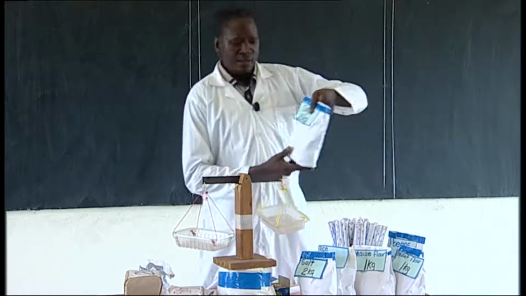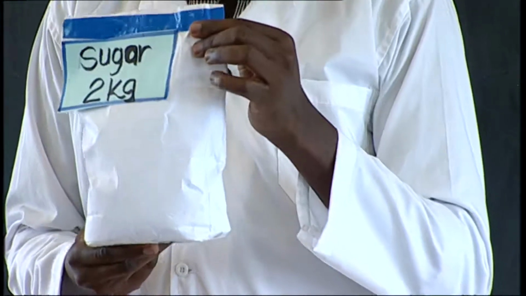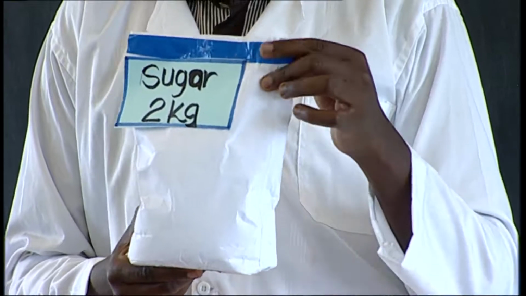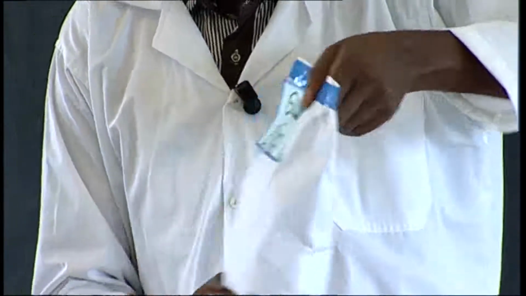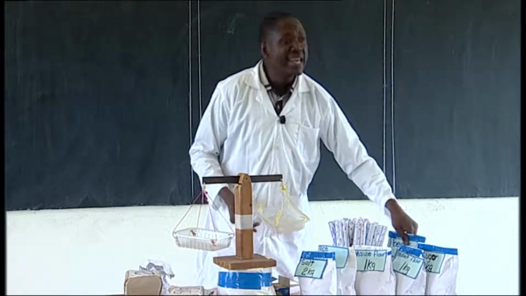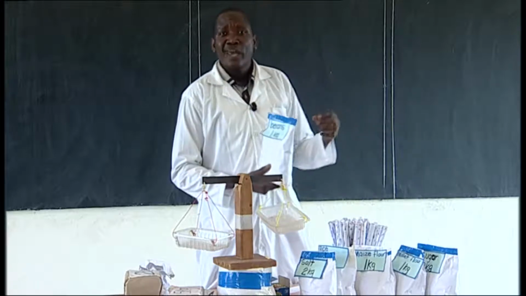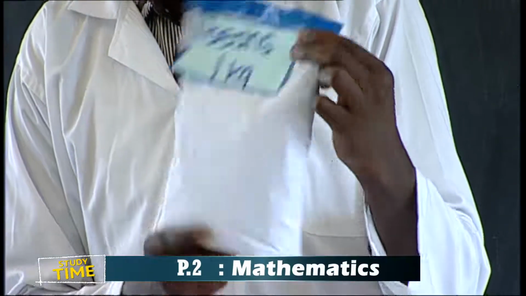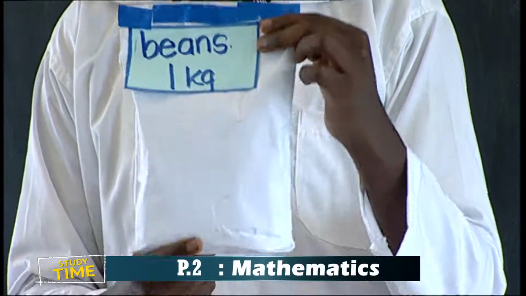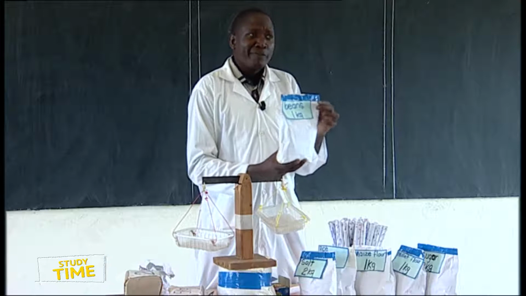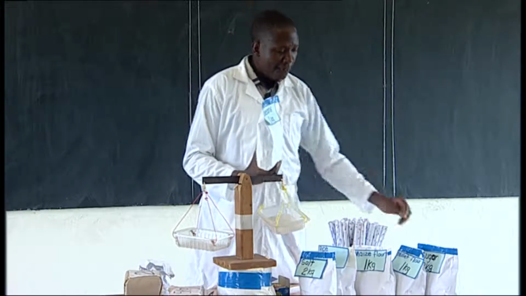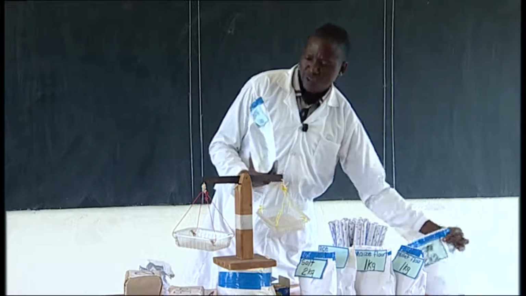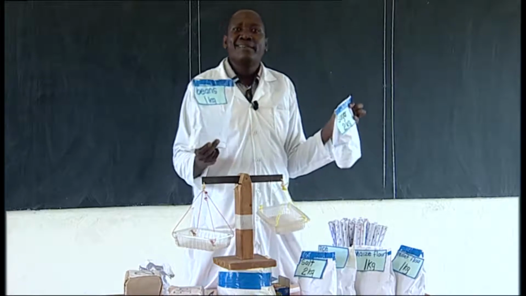Then there is sugar. Sugar we measure in kilograms. And we also have beans. All of us enjoy beans, and we like beans so much. So beans we measure in kilograms. Now, if I pick sugar, this is sugar, and this is beans.